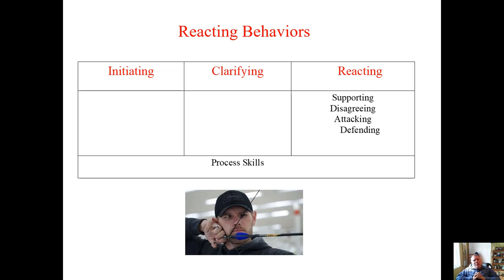It becomes about the person and not the issue. It's an attack. And then defending is how we react. So instead of disagreeing, we oftentimes find ourselves defending. Okay? I don't have a low IQ. You do. And we move away from the facts.